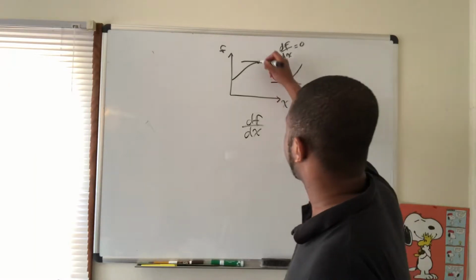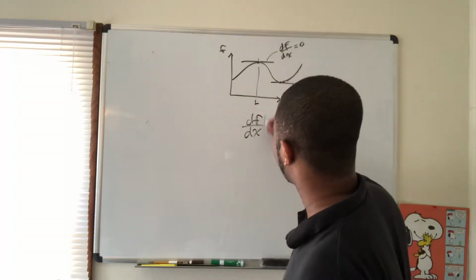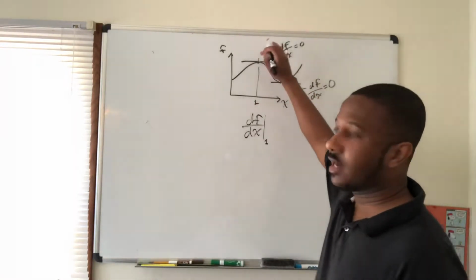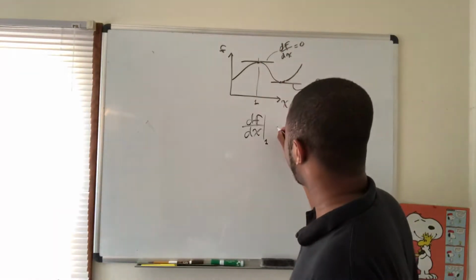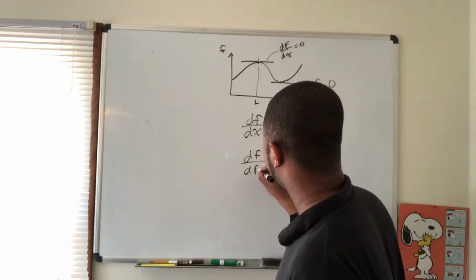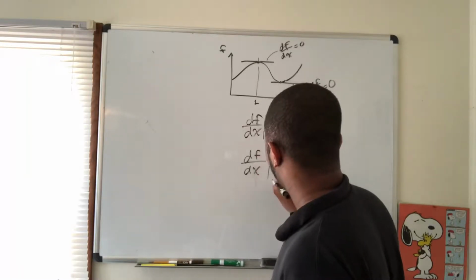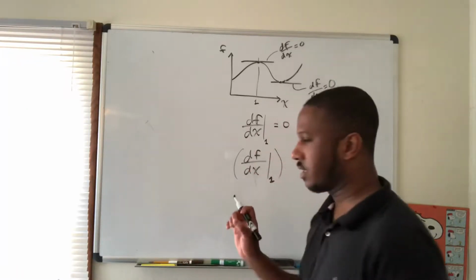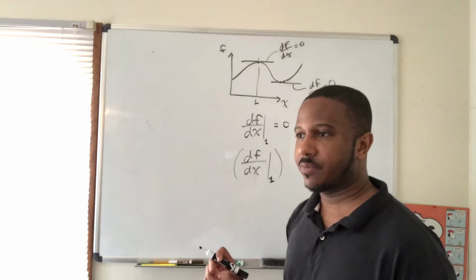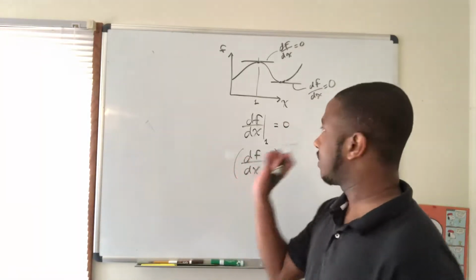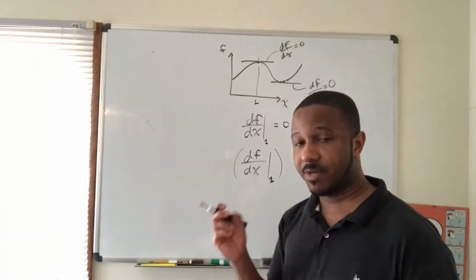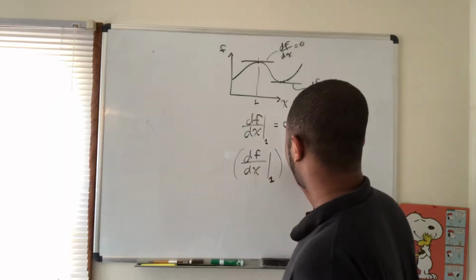For example, if I'm here at point 1, where the slope equals 0, and I went an infinitesimal amount, a key word is infinitesimal, some small difference that approaches 0, not at 0, but approaches 0, we'll call that delta x.